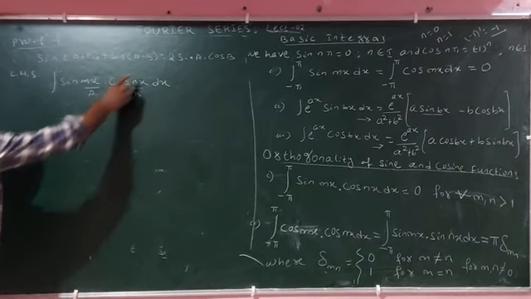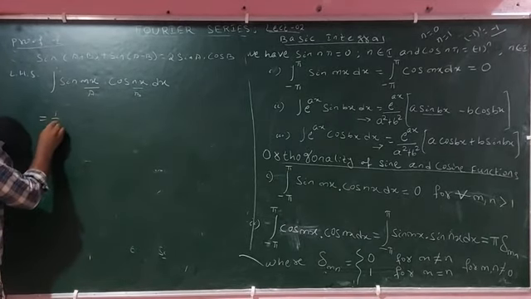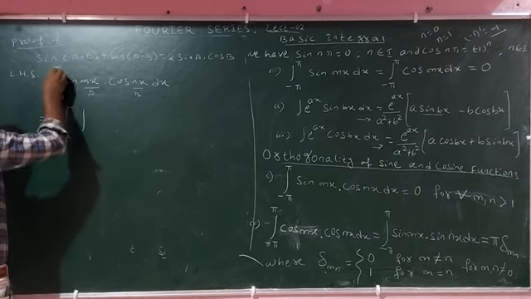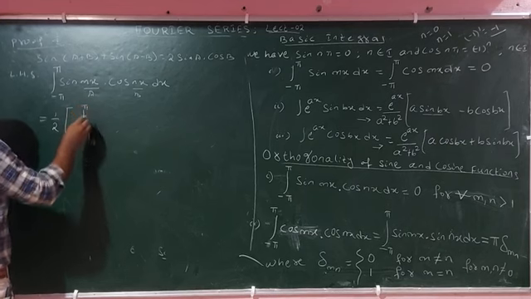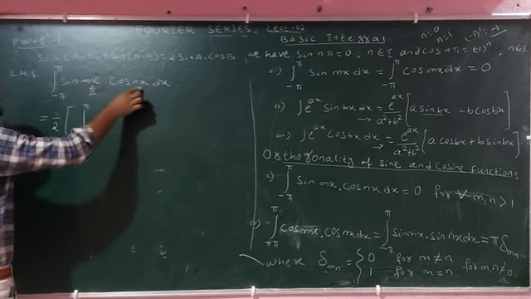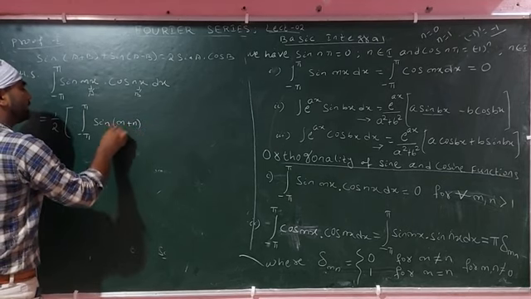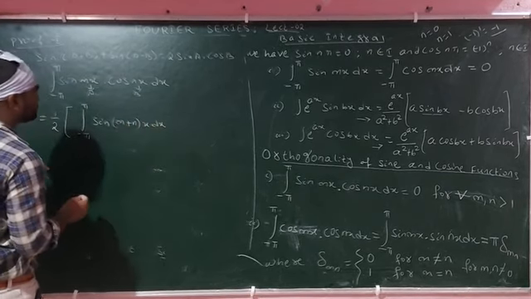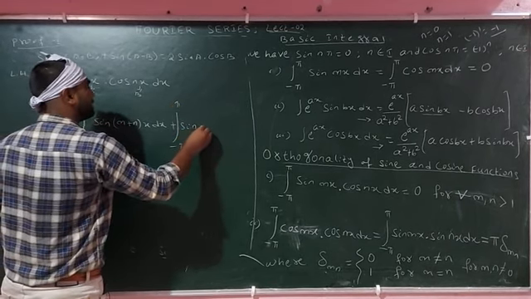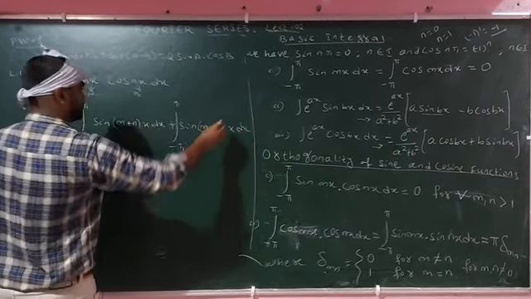Then the standard equation says that the 2 can be taken to the left side as division. So we have 1 by 2 times the integration from minus pi to pi of sin(a plus b), that is sin (m plus n)x dx, plus the integration from minus pi to pi of sin(a minus b), that is sin (m minus n)x dx.